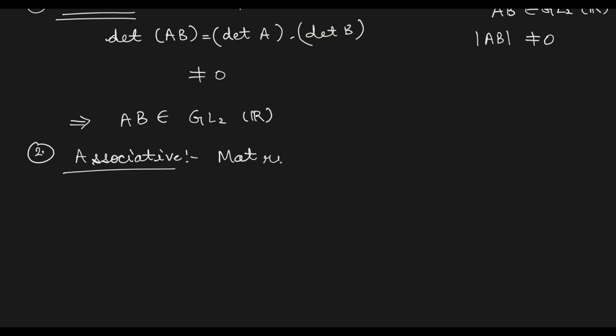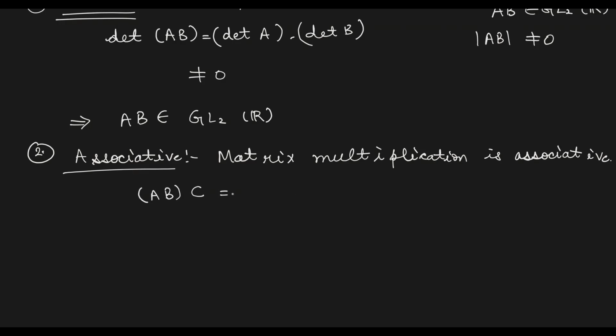Second is associative property. Matrix multiplication is associative. A into B, then multiplied with C, or if I multiply B and C and then multiply with A. So associative property holds.